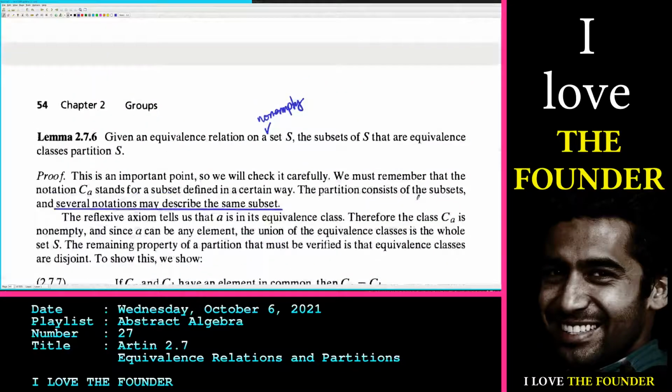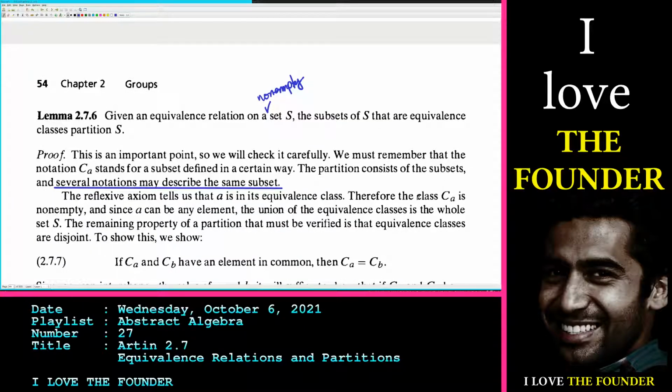But if you have more than one element, then you pick a C sub A. So you assume that one of them exists.